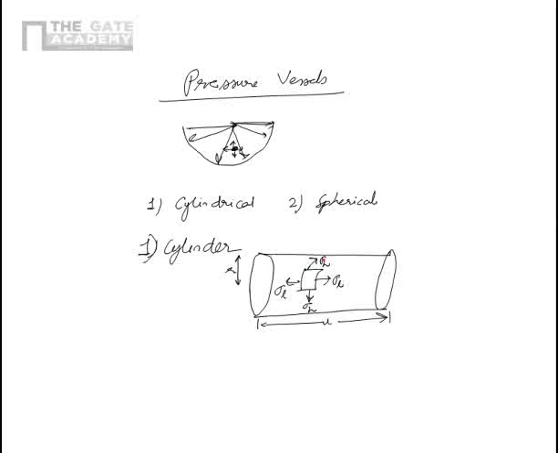Sigma L is called longitudinal stress, and sigma H is called hoop or circumferential stress.